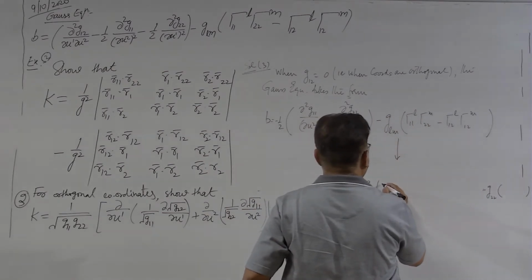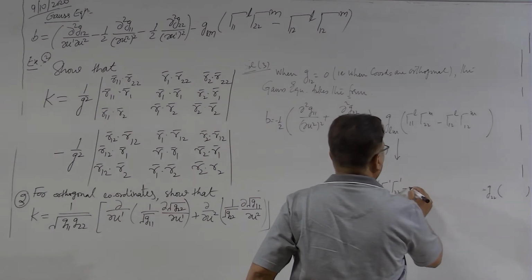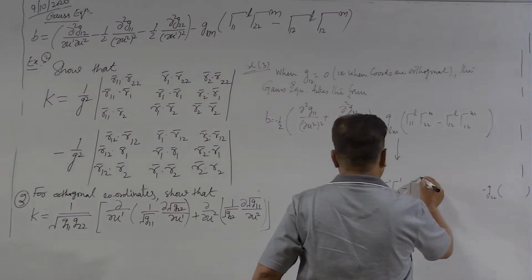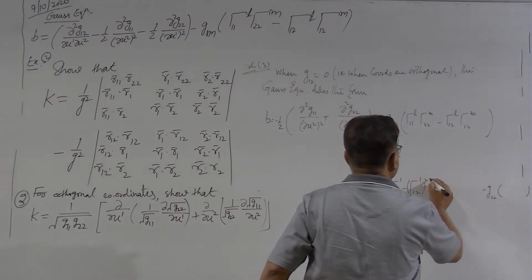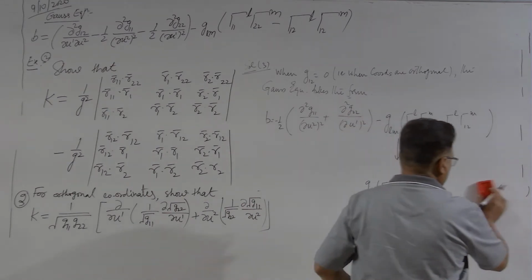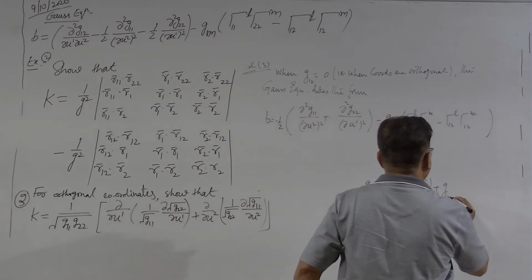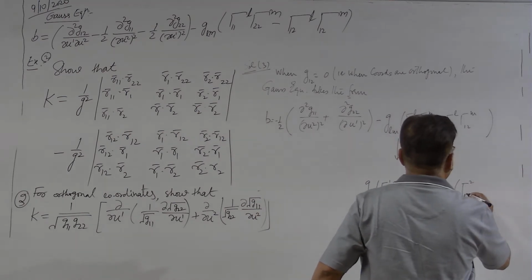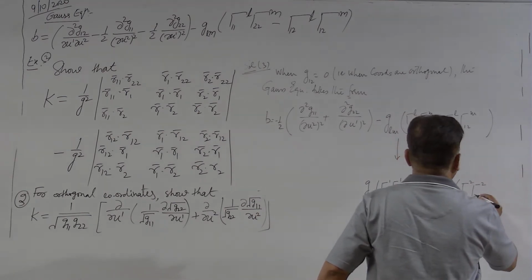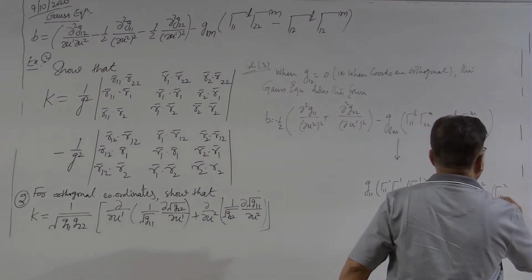It will be Γ^1_11 Γ^1_22 minus Γ^1_12 square, plus, taking the second bracket, G22 into Γ^2_11 Γ^2_22 minus Γ^2_12 square.